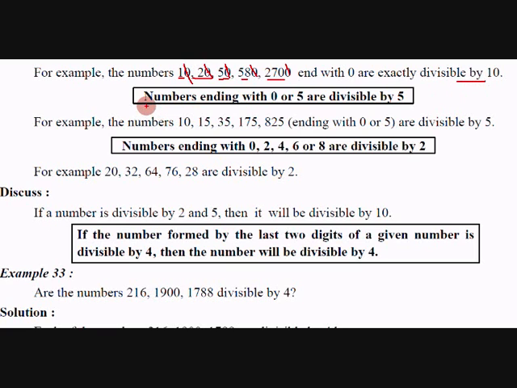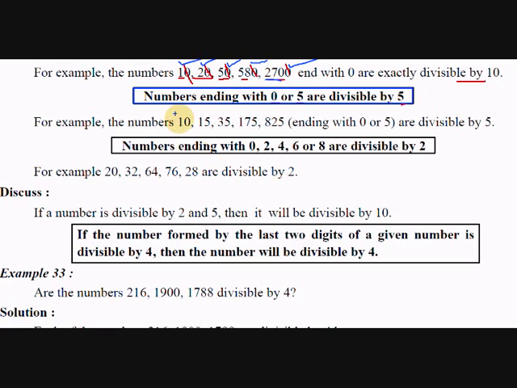But you can also find numbers ending with 0 or 5 are divisible by 5. This is the second rule. So divisible by 10 we found. What are all the numbers divisible by 5? Is this number divisible by 5? Yes, these numbers are all divisible by 5 also.